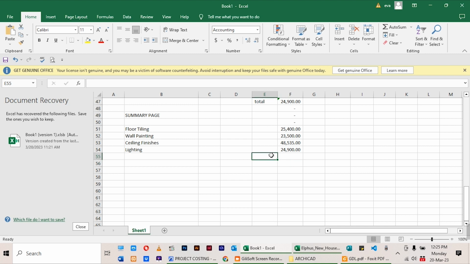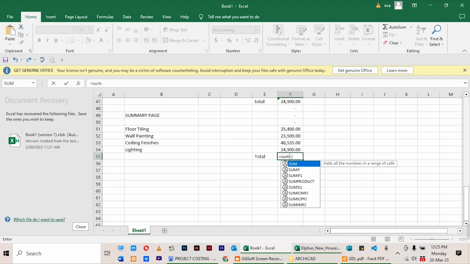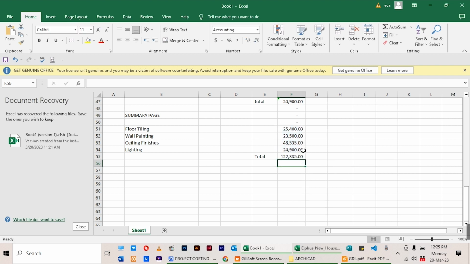Get a total, is equals to sum, get a total of this. So that's the total cost for that space. And then add markup. Markup. I like doing a 60% markup. And then get a total again.